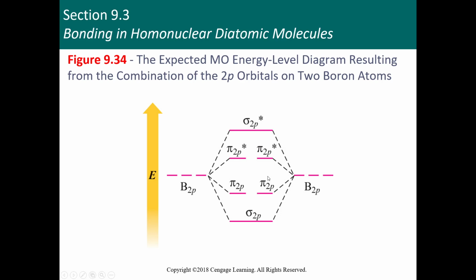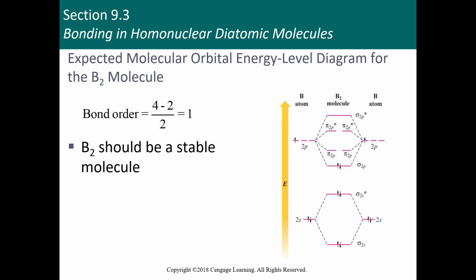Those mixtures also give you antibonding orbitals. So this right here is going to be a pi antibonding orbital made from 2p orbitals. And this right here is going to give you a sigma antibonding orbital made from the p orbitals from each of these, from the second energy level.